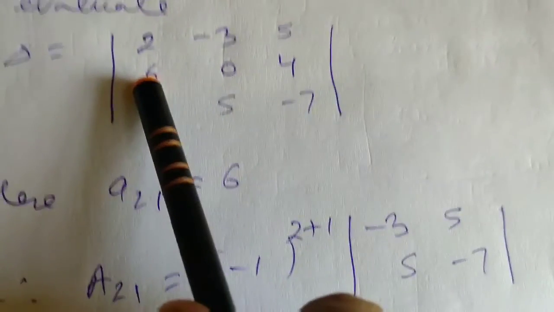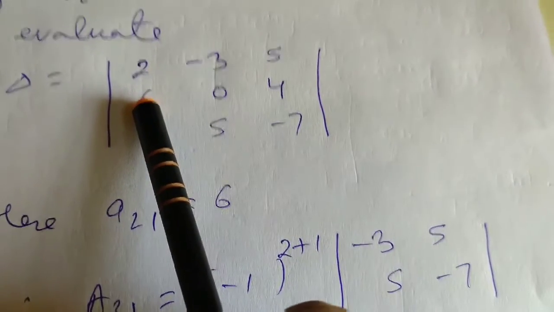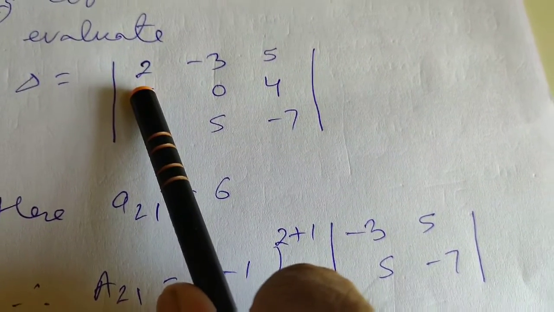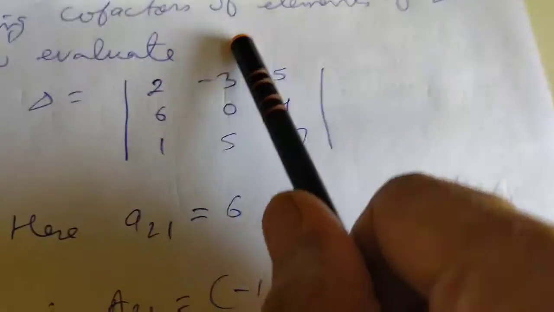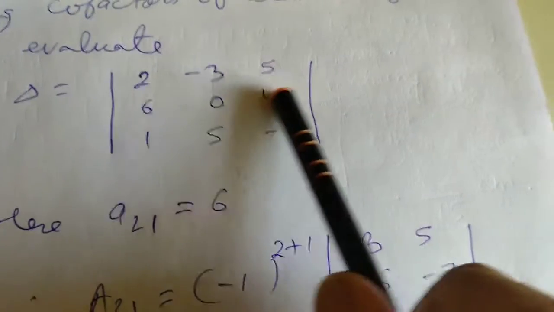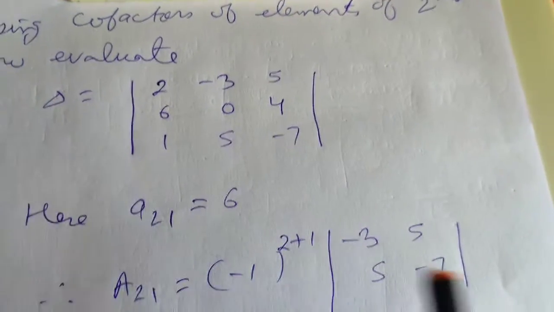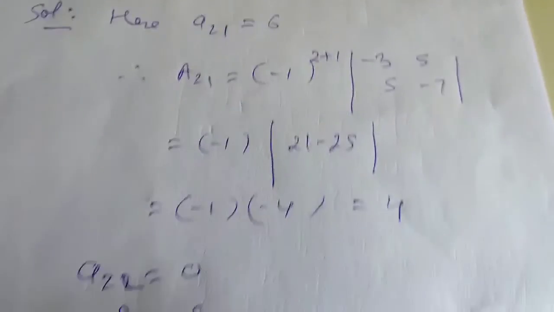So where is A22? This is A22. Cancel out all the elements of the row and the column in which A22 lies, that is column 2 and row 2. Remaining will be 2, 5, 1, 7.